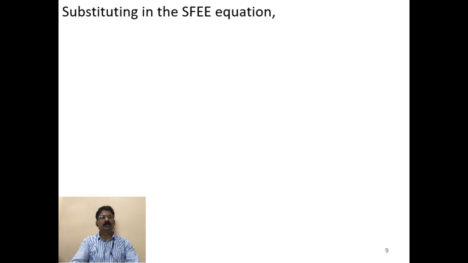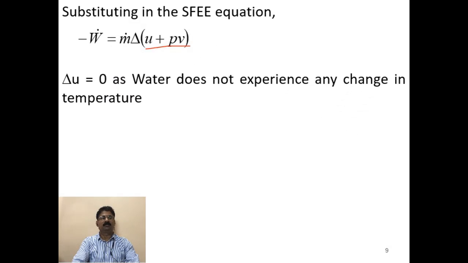So substituting, you'll get minus W dot is equal to m dot into delta H, which is nothing but U plus PV. But delta U is 0 for water because it does not experience any change in temperature. Temperature remains same, so there is no change in internal energy. So it becomes minus W dot is equal to m dot into delta PV, which is nothing but P2 V2 minus P1 V1.